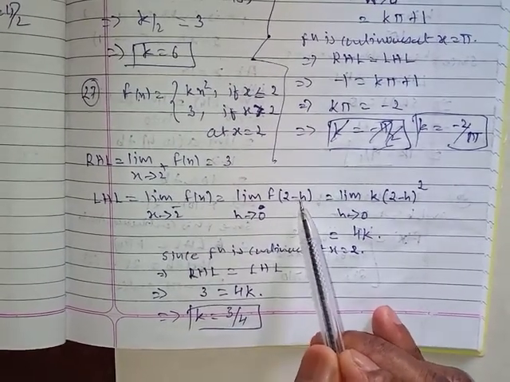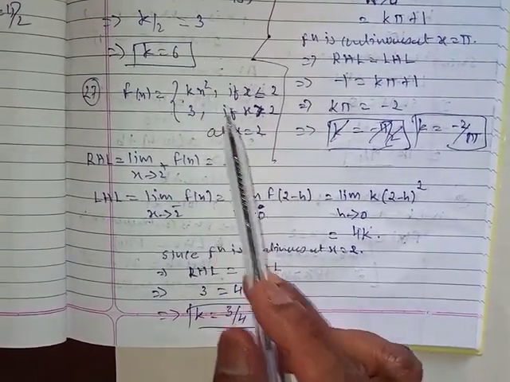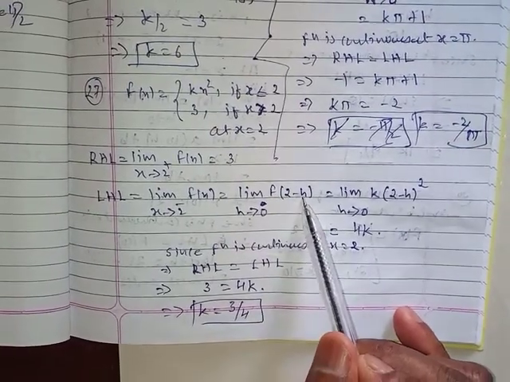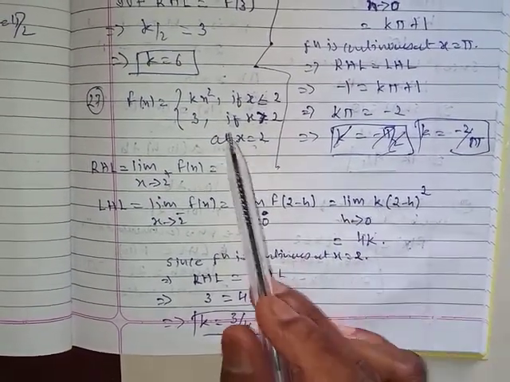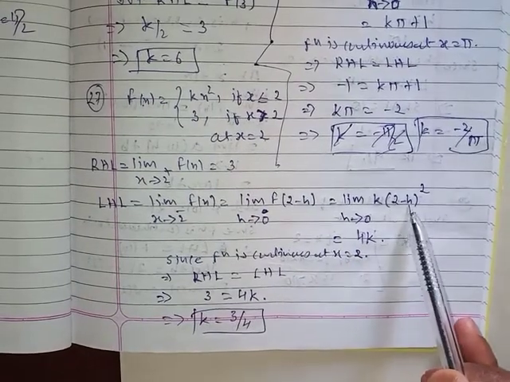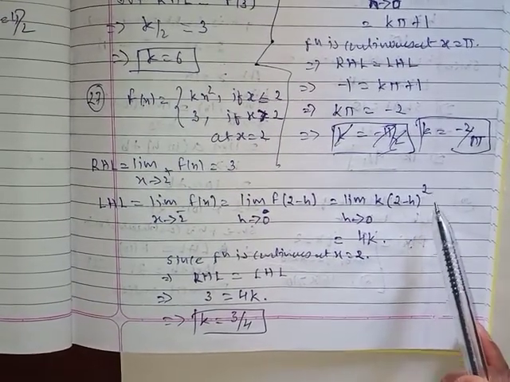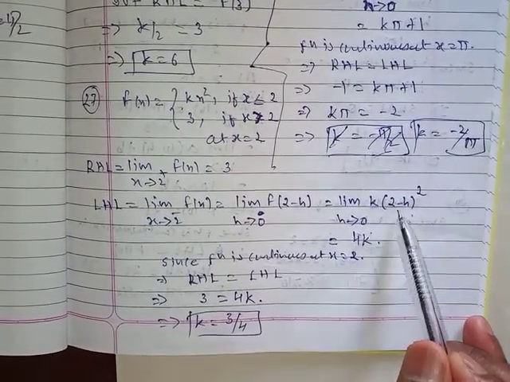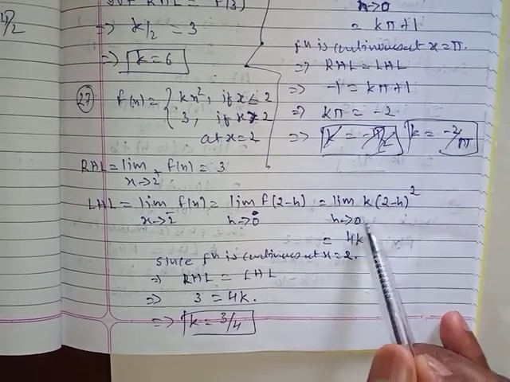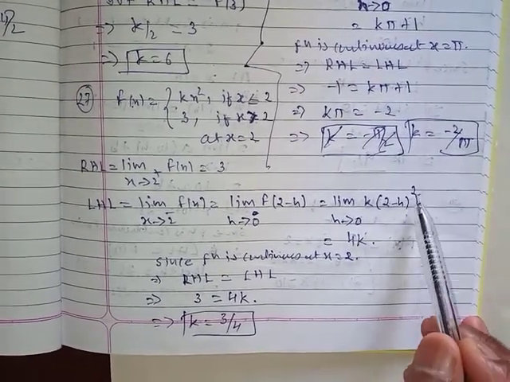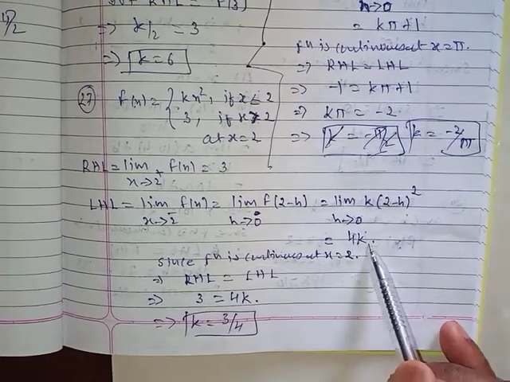So instead of x here, what do we have to write? 2 minus h. So limit h tends to 0, k will be outside, 2 minus h whole square. Don't expand it, just substitute the value of x here. Okay, so what will we get? 2 twos are 4, so we will get 4k.